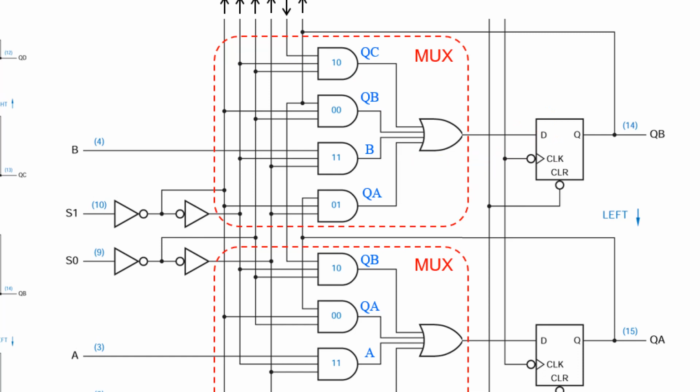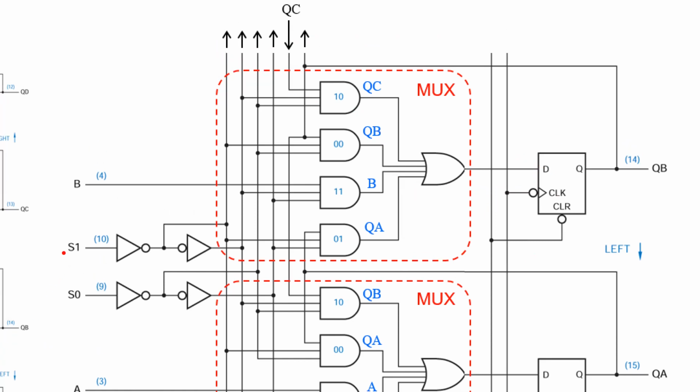For example, if S1, S0 is 0, 0, this one is active. Its output will come from this one, the output itself, which feeds back to the input. That means when the clock ticks, it updates with the same value, so nothing changes. It's hold mode.